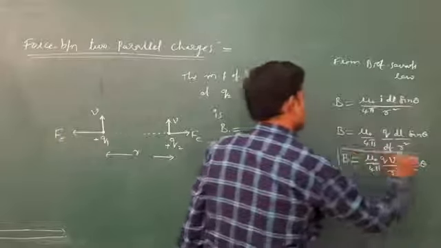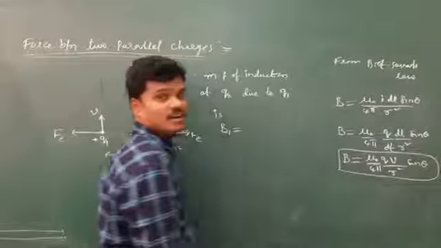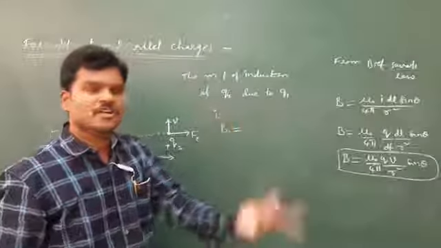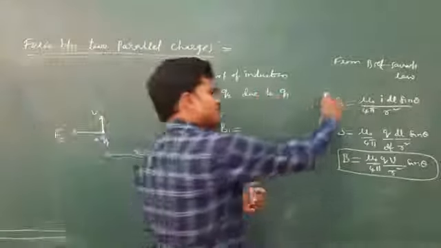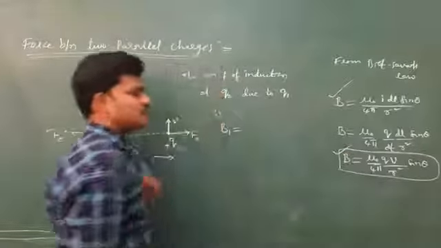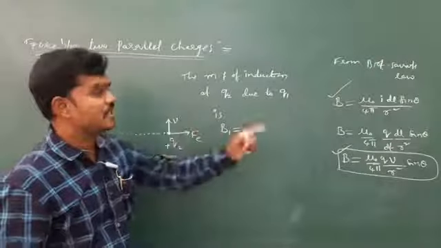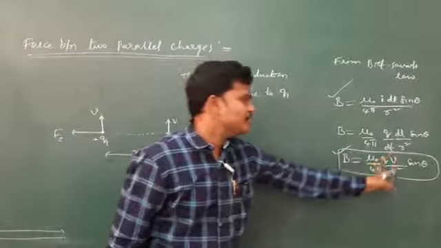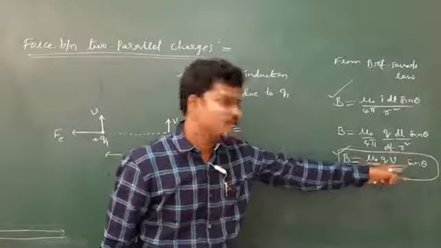See, this is another format of Biot-Savart's law in terms of charge and in terms of velocity. If current and length is given, you write regular formula. And see, this is one more form of Biot-Savart's law in terms of charge and velocity. So that is mu naught by 4 pi qv by r square sine theta.